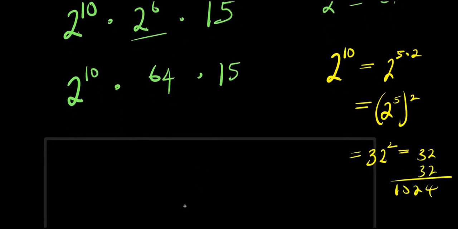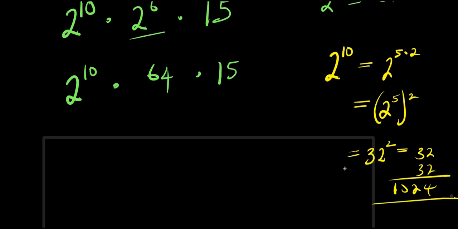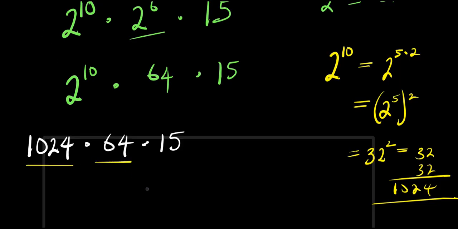You can multiply that out. So this is 1024 times 64 times 15. So let's start by multiplying 1024 times 64.